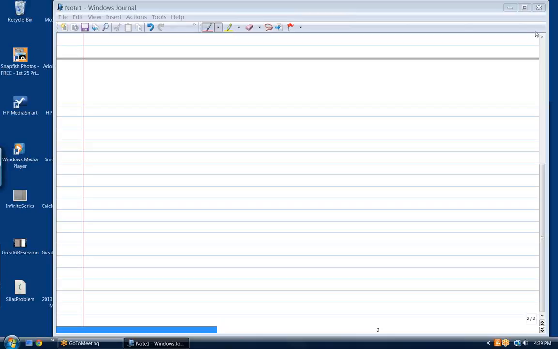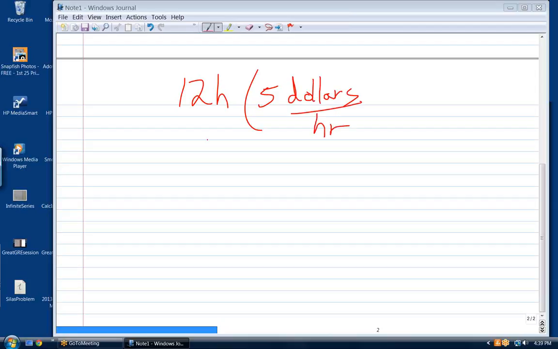So number 12, it's find the product and then list the units, and with the first three, she wants us to just get one number, and so it's 12H times $5 over H. So 12 hours times $5 over H. Okay, what she really means here is this is $5 per hour. Yeah, that's what I mean.